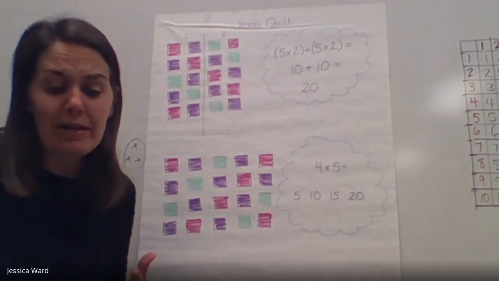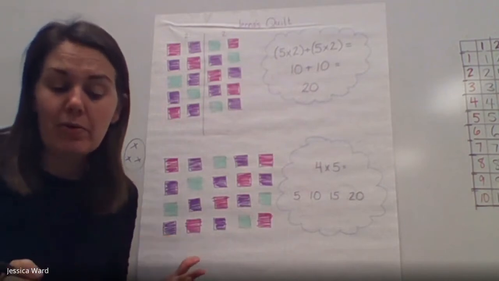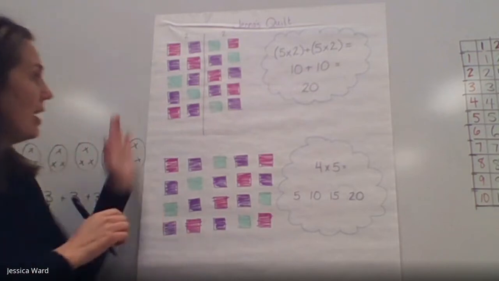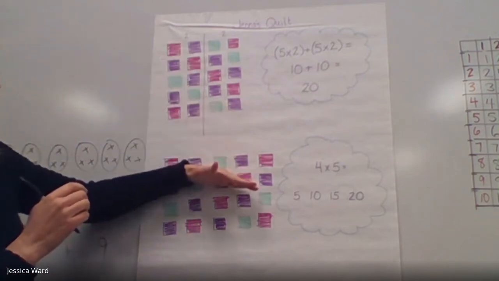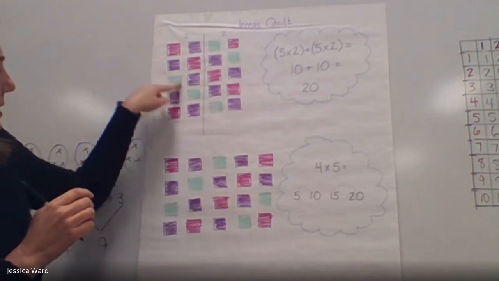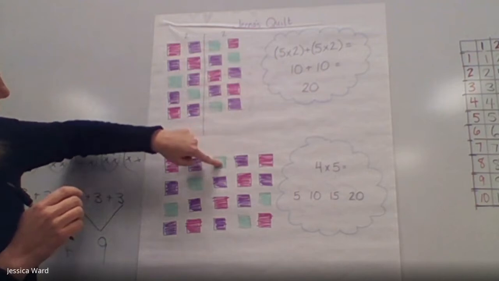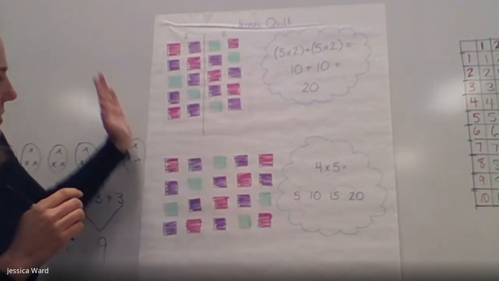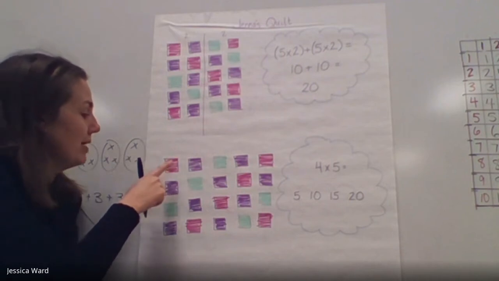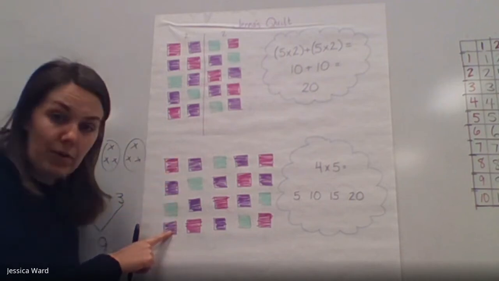Now for the second model, it says you can also turn the array around to show another fact. So I've taken my array up here and I've just tilted it on its side. You can tell because now I have, instead of my 3 rows here and my 2 rows here, 3 rows here and 2 rows here. I've just taken it and tilted it over on its side. So now instead of having 5 rows, I have 1, 2, 3, 4 rows.